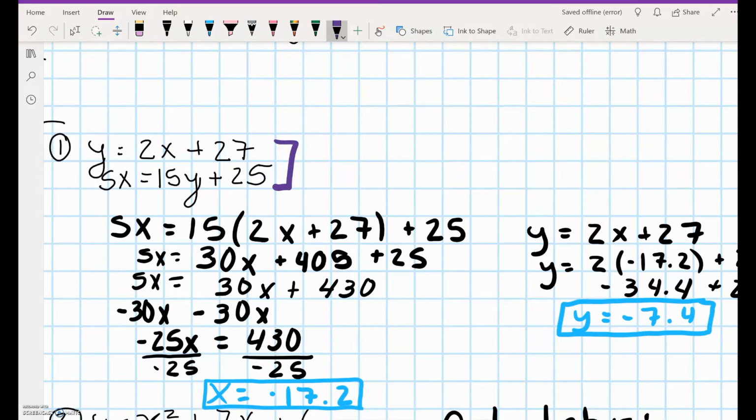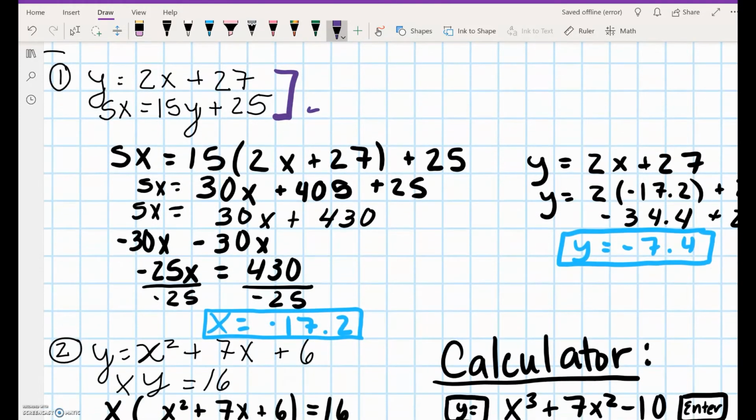So what I did was I wrote out the second equation, and I substituted in for the y this first equation. So as you can see right here, I did this. Then you distribute the 15 to each, combining like terms right there, then dividing these numbers by 5.